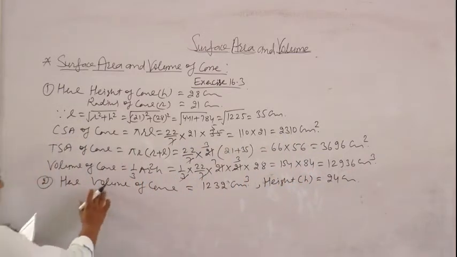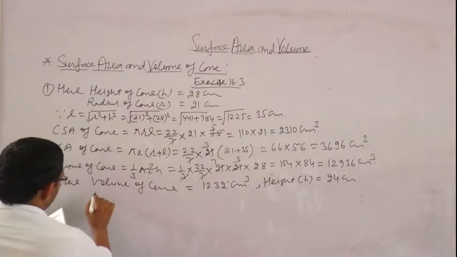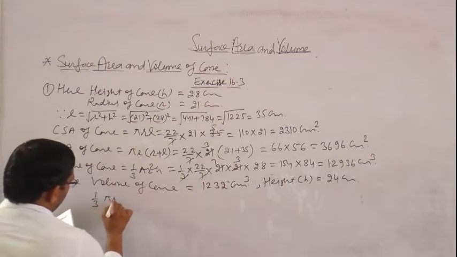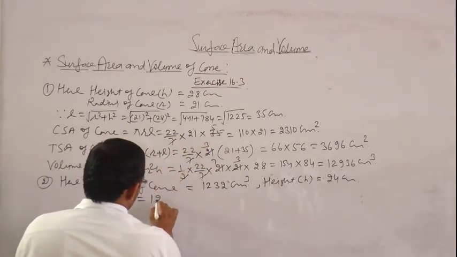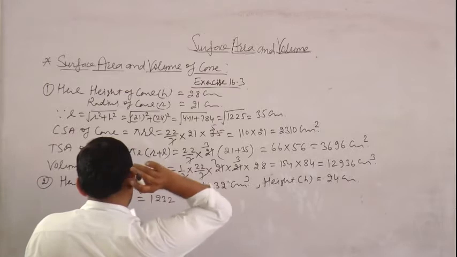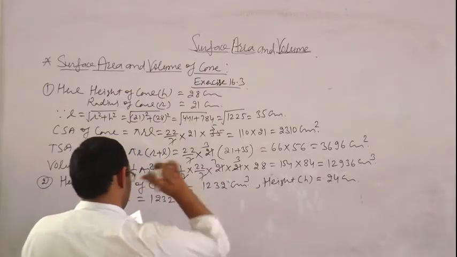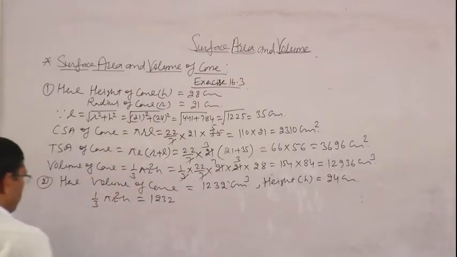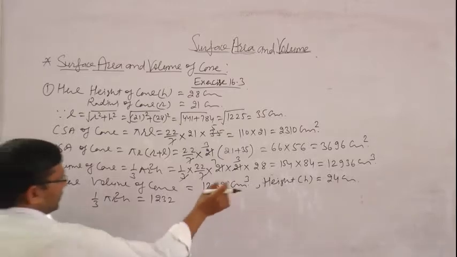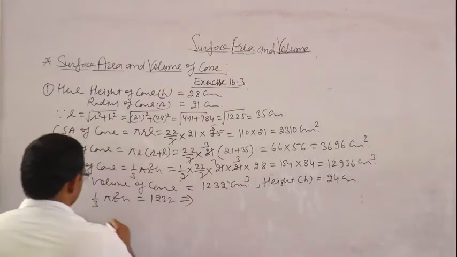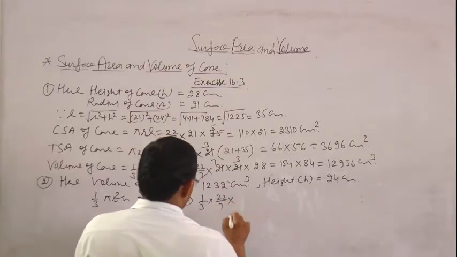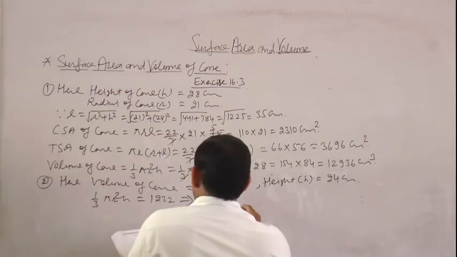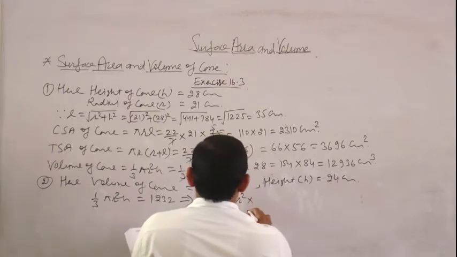Okay. Volume of cone, it means 1 upon 3 pi r square h is equal to 1232 centimeter cube. Volume is given in this question and height is also given. That is 1 upon 3 multiply 22 upon 7 multiply r square multiply h.